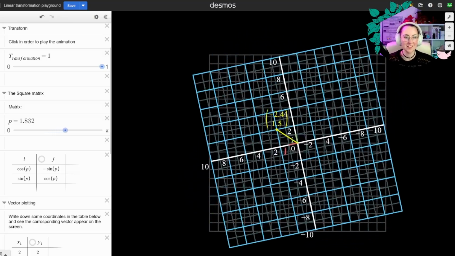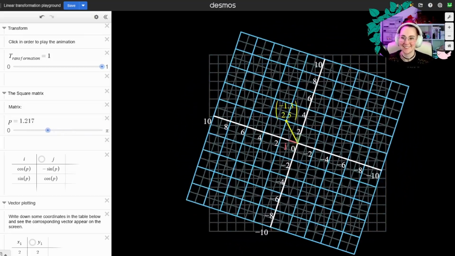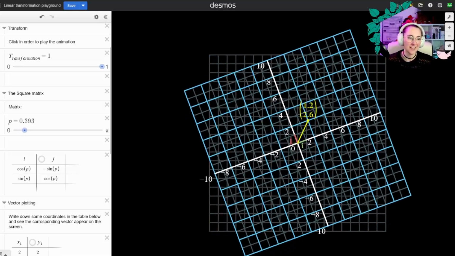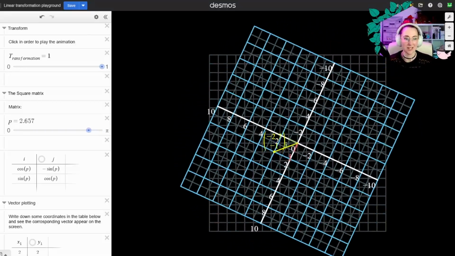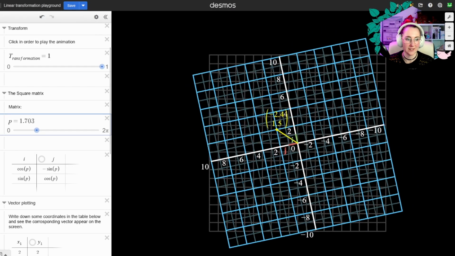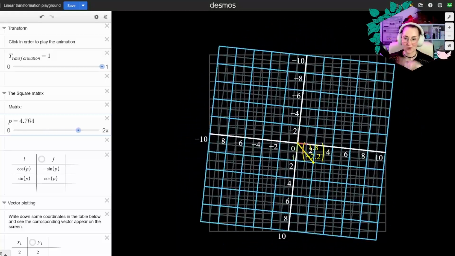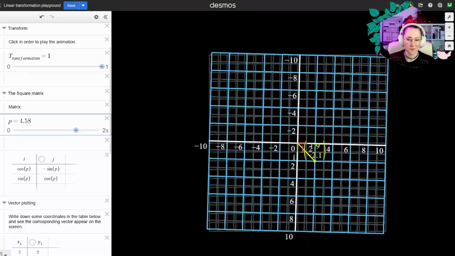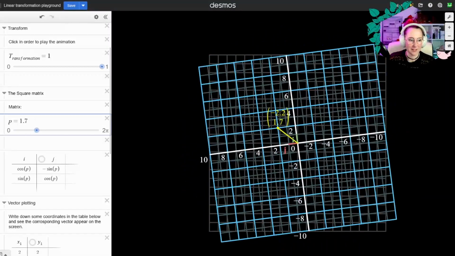And set that, and then you get a rotation. Isn't that cool? So P here is the angle that the thing is shifted by, so we can rotate through. And if I instead change this to 2 pi, we should get even faster, and it will just rotate through. Which is quite funky, I think, at the very least.